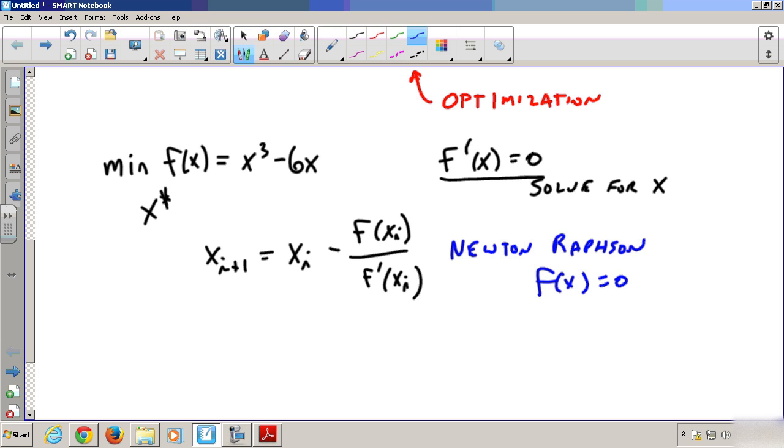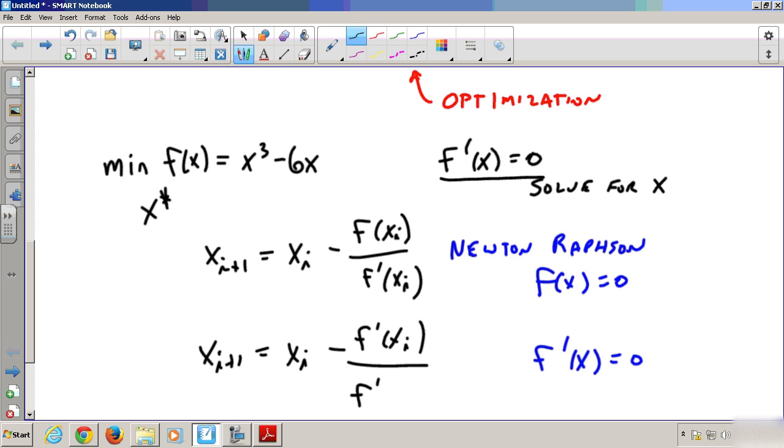So what if we want to solve f prime of x equal to 0? Well, just do this. x of i plus 1 is equal to x of i minus f prime of x i divided by f double prime of x i. Just pretend that your function is the derivative function.